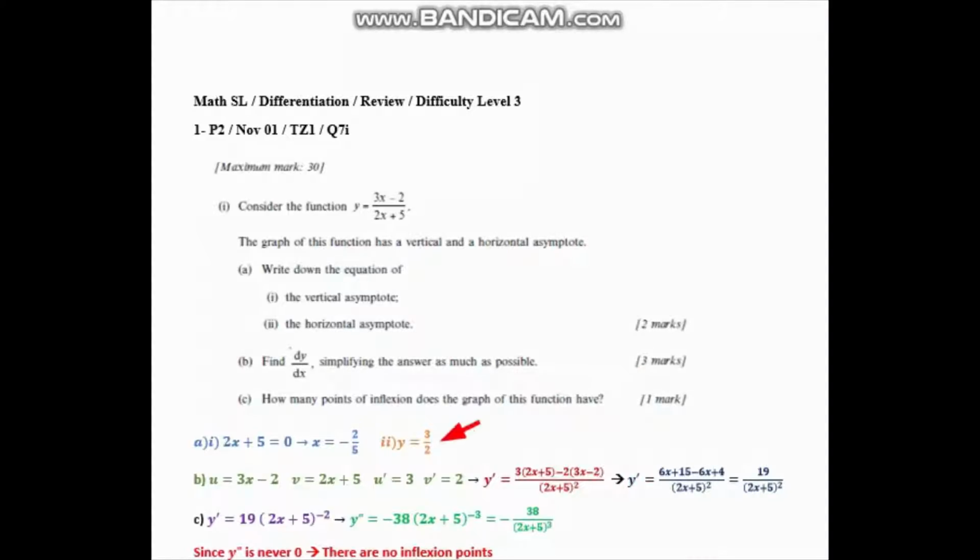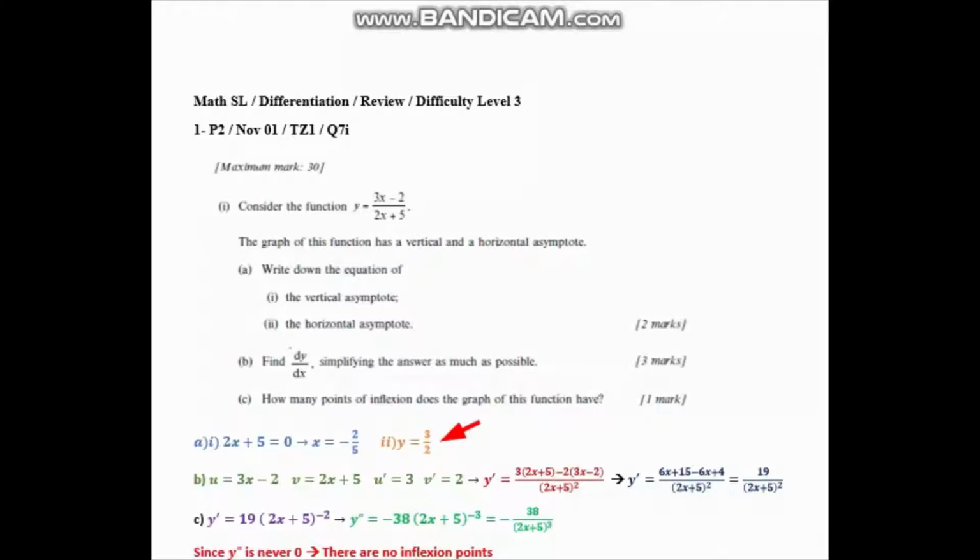However, I recommend that you become aware of this even without the use of a calculator, because if this comes in paper 1, you cannot resort to a calculator to solve. So you just set x as a very big number and try to imagine what happens to y, and the value that you get is the equation of the horizontal asymptote. Again, you cannot just write 3 over 2, you have to write y equals 3 over 2.